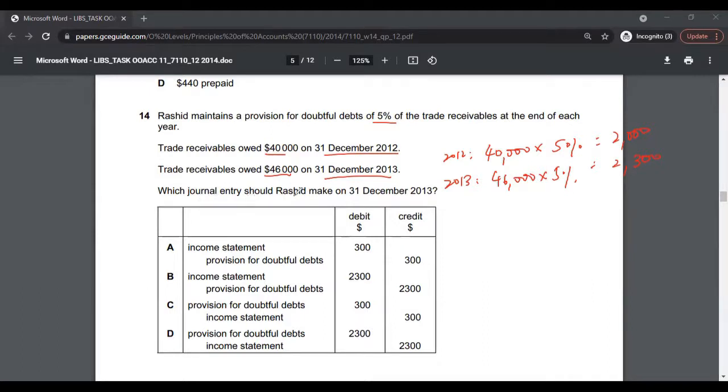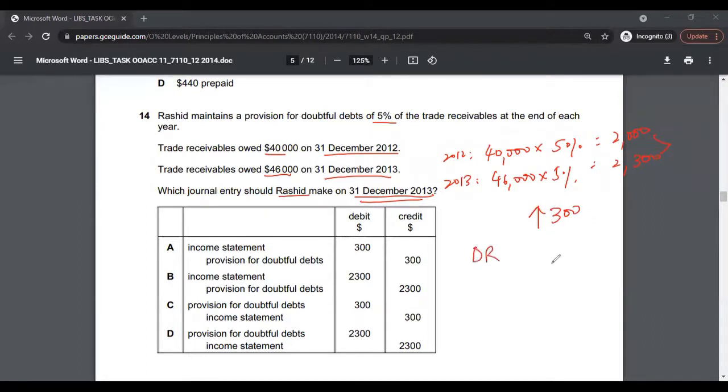Which journal entry should Rashid make on 31st December 2013? So of course, if you remember provision for doubtful debts, and even if you do not, I do have videos on provision for doubtful debts that you can refer to on my channel. So please feel free to watch those videos. So there's an increase in the doubtful debt of $300.